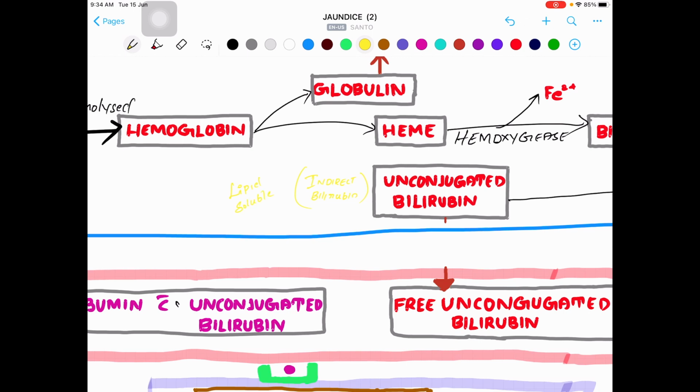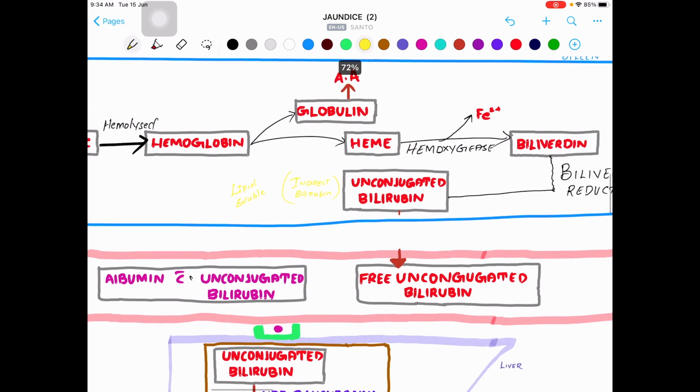That means it is less water soluble. Now when the unconjugated bilirubin is released into the blood, it will be taken up by the albumin. That means now the unconjugated bilirubin is carried by the albumin in plasma.